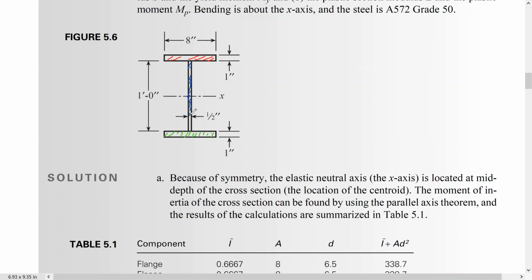For the upper and lower flanges, we will calculate the moment of inertia about their own neutral axis and then move it here using the parallel axis theorem. I'll show you how to do that in a table form. So right now, let's move down.